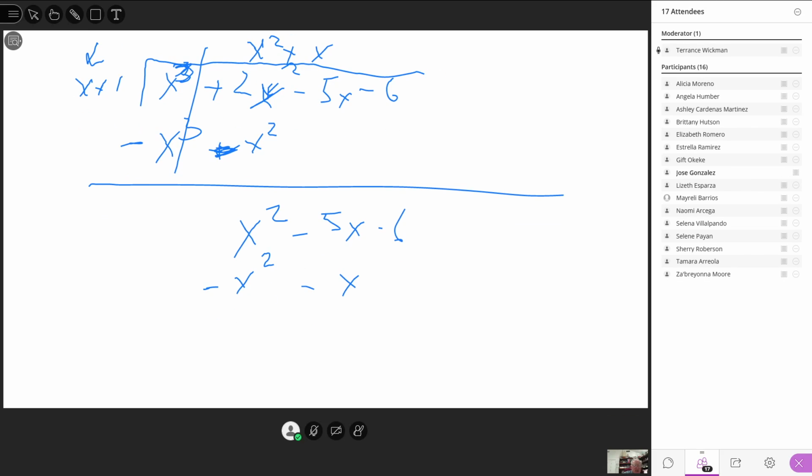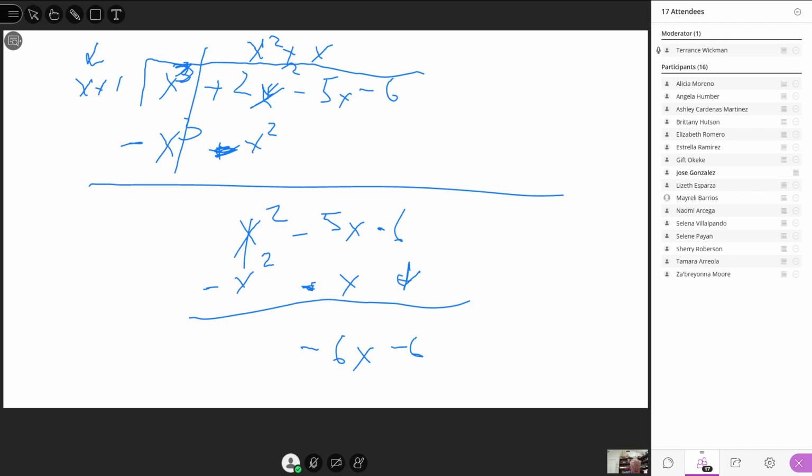We change signs. So this becomes gone. This becomes a minus 6x, because if you have minus 5x and you lose another x, you get minus 6x. You bring down this minus 6.